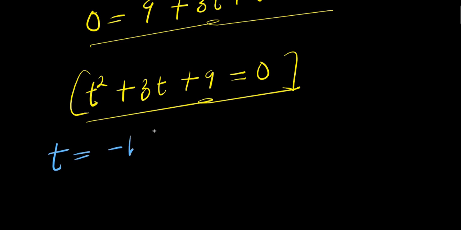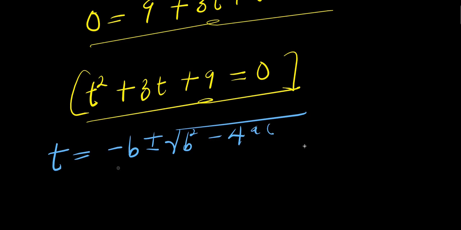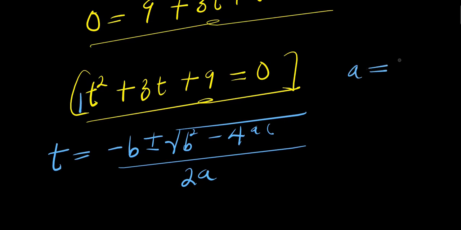You write the formula in respect to t: negative b plus or minus square root of b squared minus 4ac, divided by 2a. a equals 1, which is the coefficient of t squared. b equals 3, which is the coefficient of t. And c equals 9, which is the constant here.